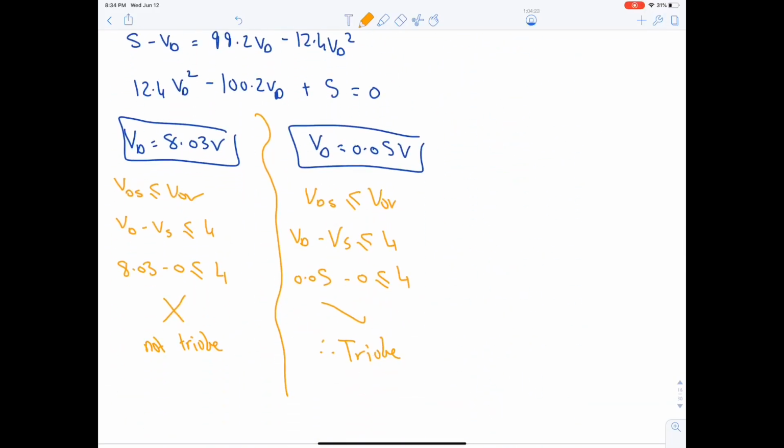So now, ID is equal to what? So this is our correct VD. ID is equal to 5 minus VD over 24.8K. We wrote it here.